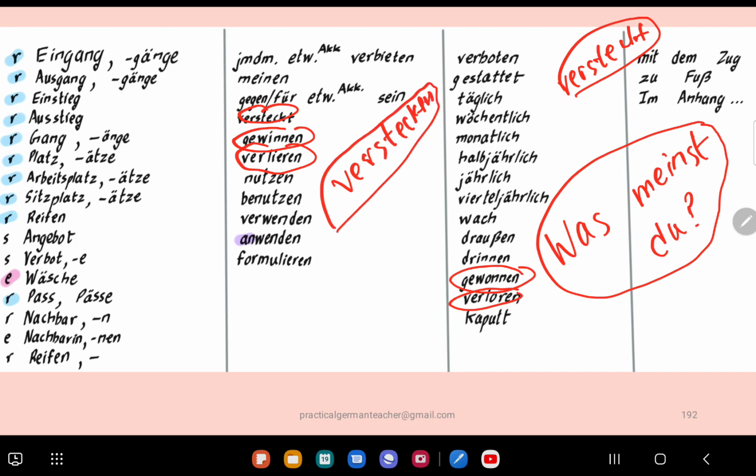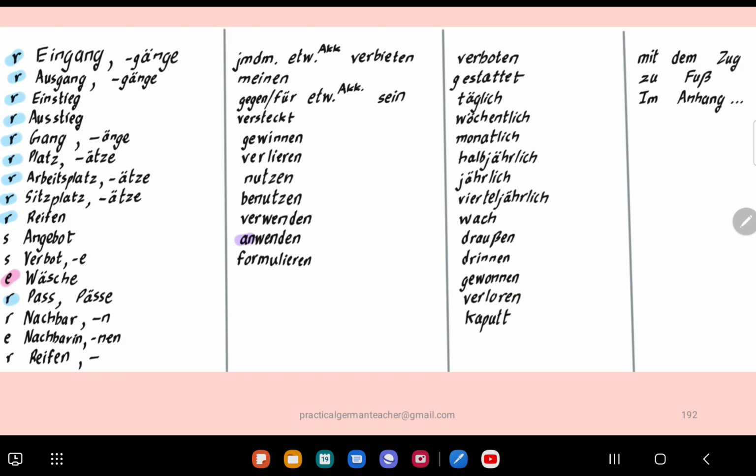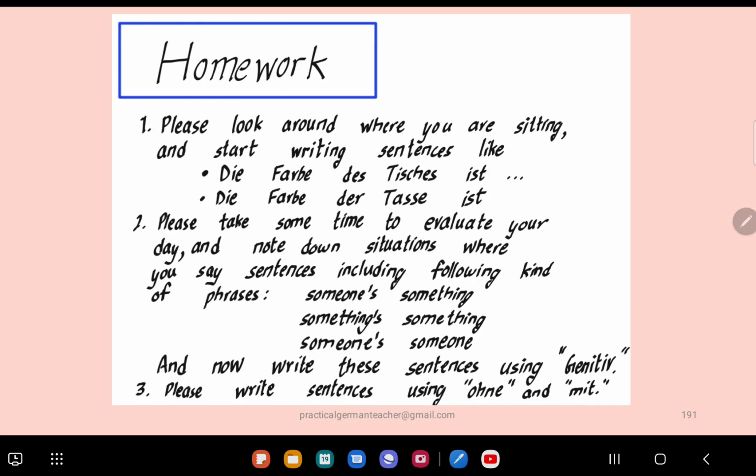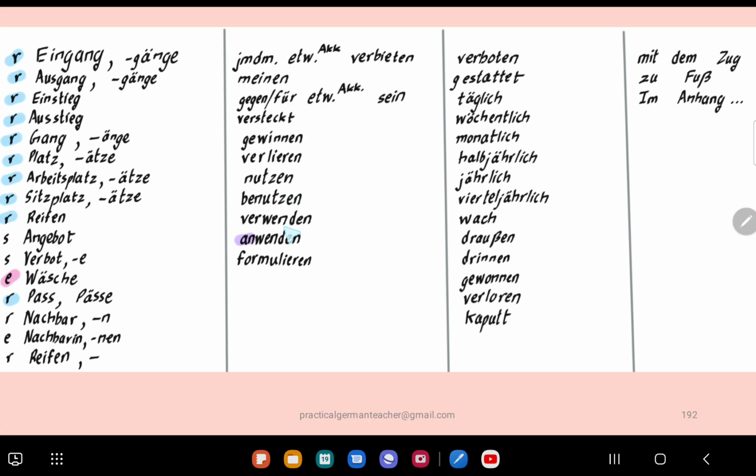If you are in Germany, if you're watching movies in German, you will see kids saying, "Sollen wir Verstecken spielen?" That means, should we play hide and seek? And then you have nutzen, benutzen, verwenden, anwenden. They all mean literally the same thing, to use, but in German the context is different. You cannot use them always interchangeably.